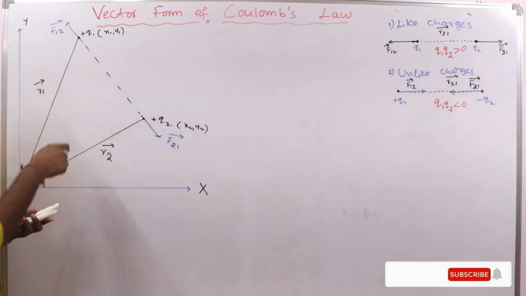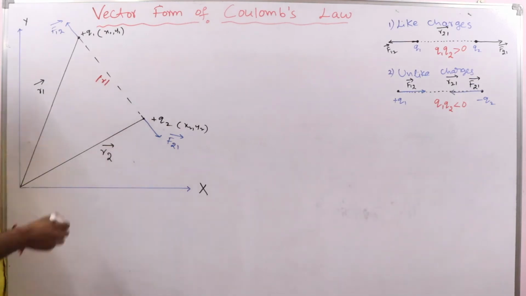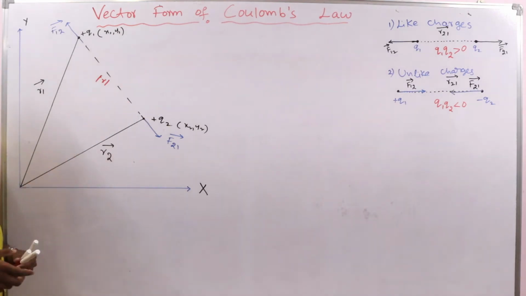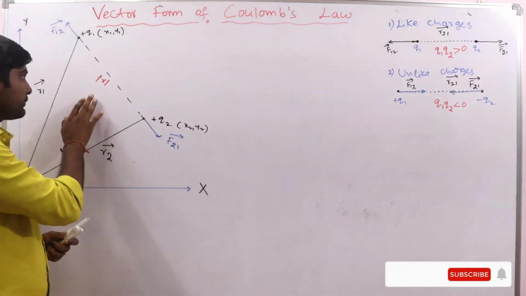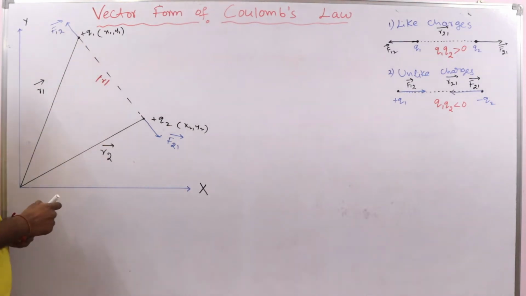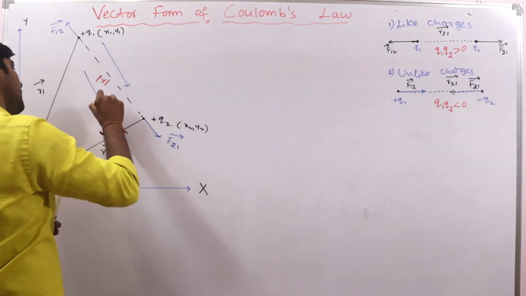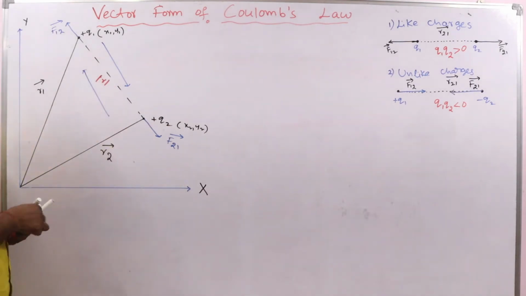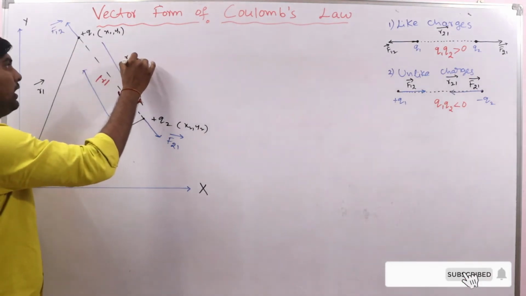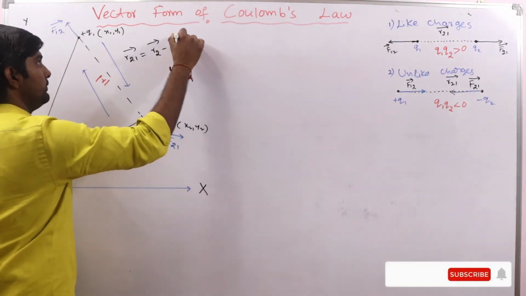These two point charges are separated by a distance of r. Here I am taking the magnitude of distance. This r has two possible vectors. One is the vector leading from 1 to 2, which we can write as r21 bar, that is nothing but r2 bar minus r1 bar.